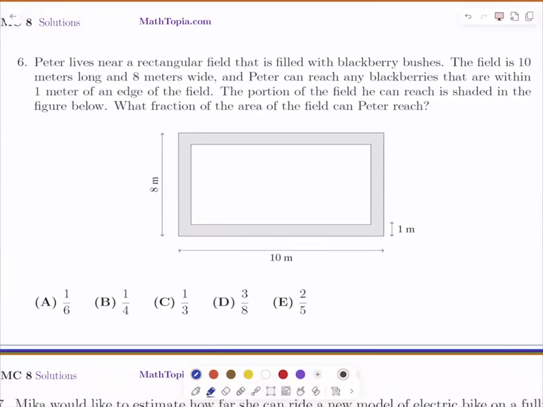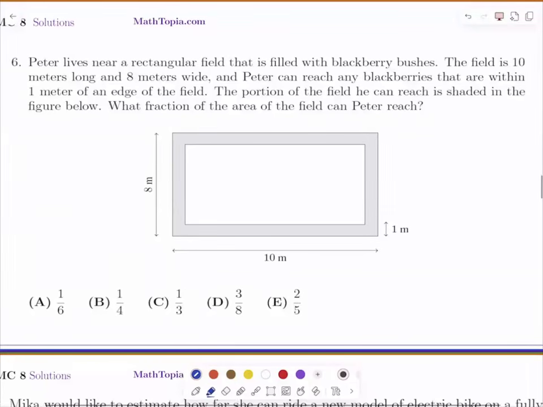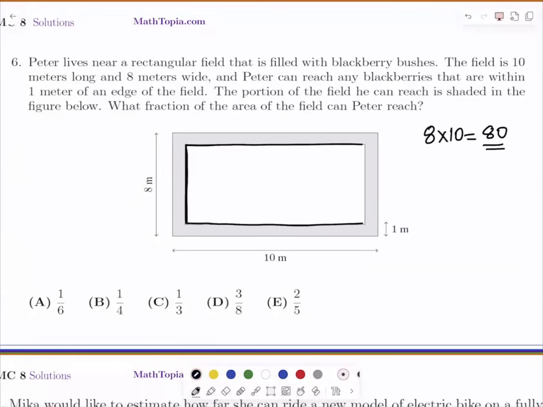Our goal is to take the black areas that we have maximum access. And the total, larger area is what? The total area is 80 square meters. 80 square meters, right? So I also want to find the dimension of the inner rectangle.